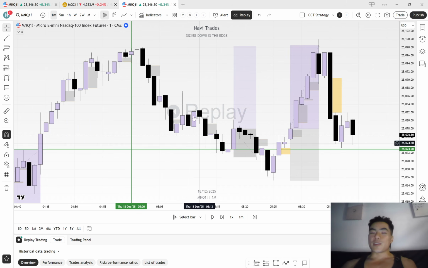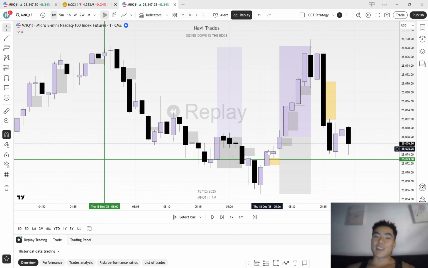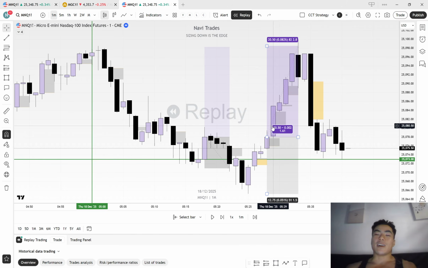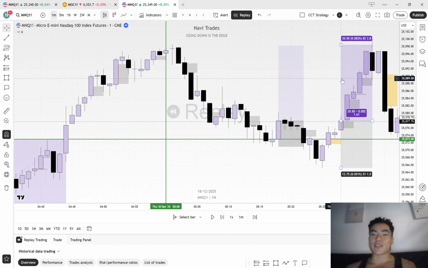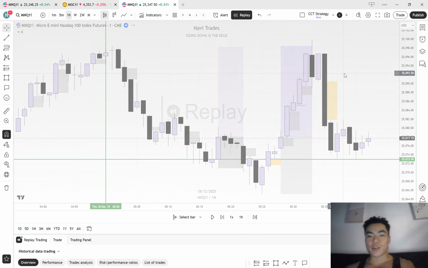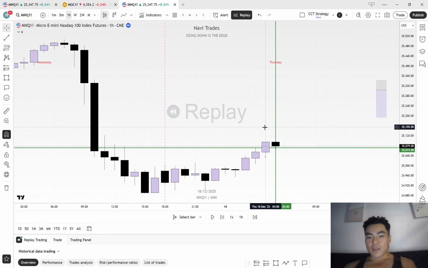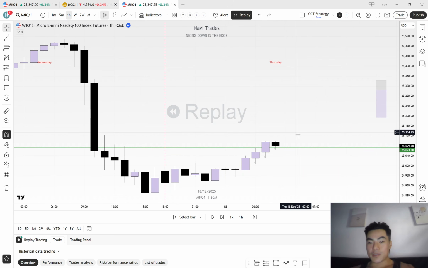Yeah, so you'll see a lot, sometimes it takes 2 goes to get the trade, and it seems like the inverse fair value gap entry is higher probability than the CISD, but that's why we test to get this data. So back to the hourly, get rid of these lines.